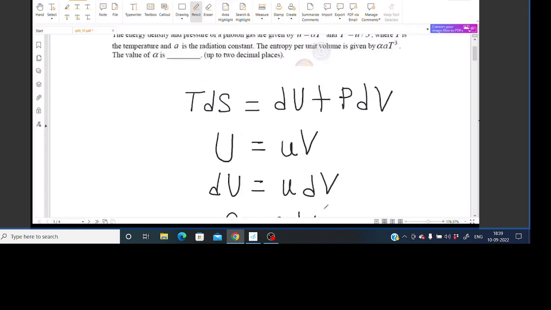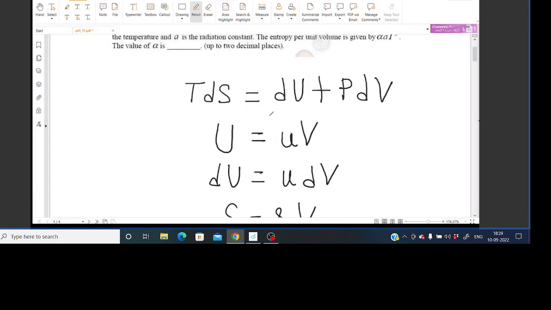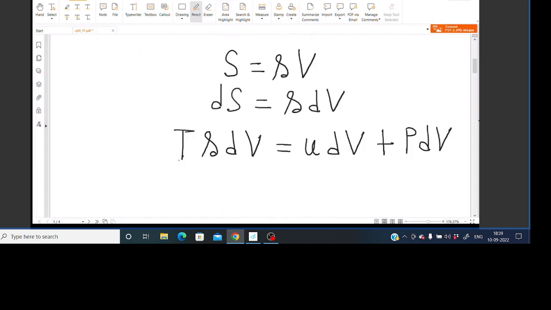replacing dU by small u into dV and dS by small s into dV in this expression, we get T into small s into dV equal to small u into dV plus P into dV.